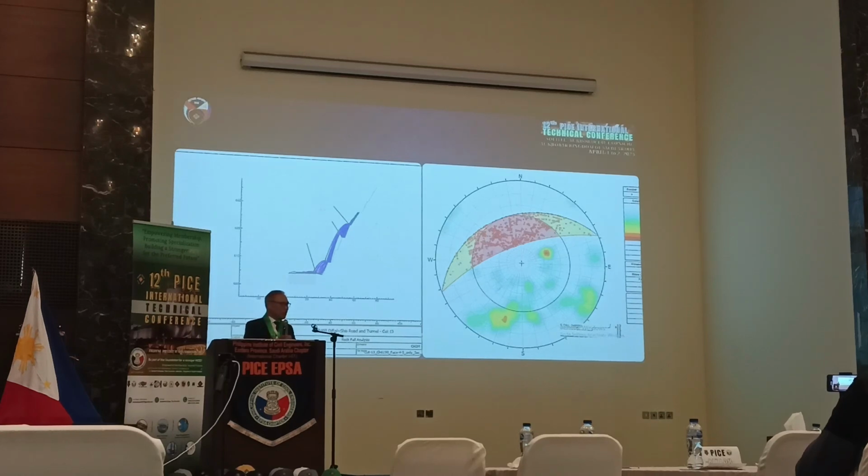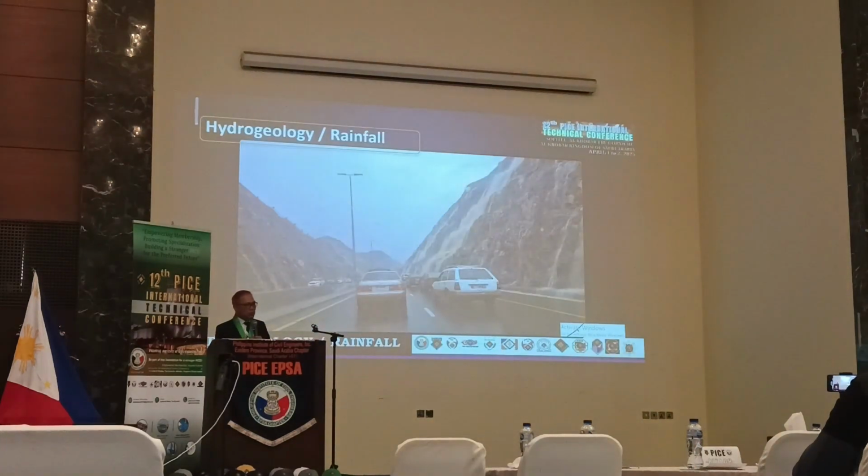Because in the Philippines, in the northern part, if you go to Baguio, Kennon Road, there is sometimes rock fall on the road, and you will have blockage, and the resiliency is also challenging. Like the one in the north during seismic activity. That's why it is important to assess and design rock support.